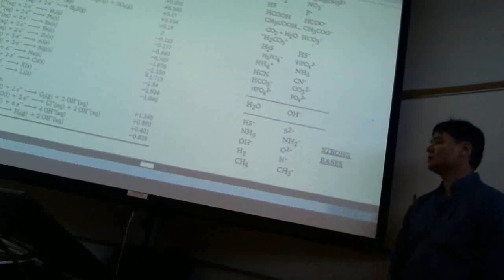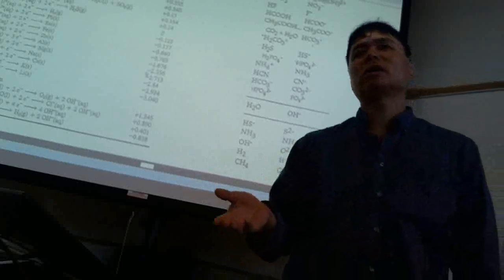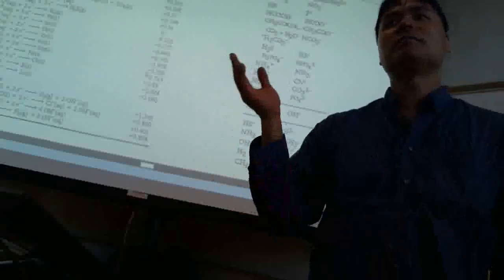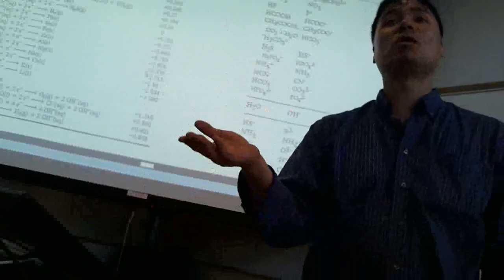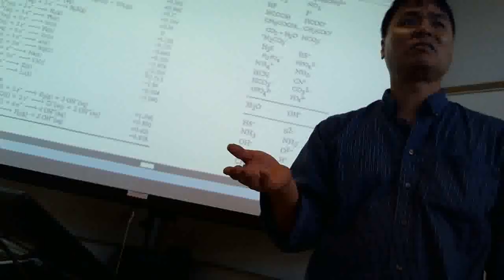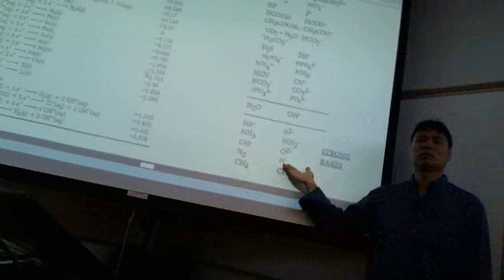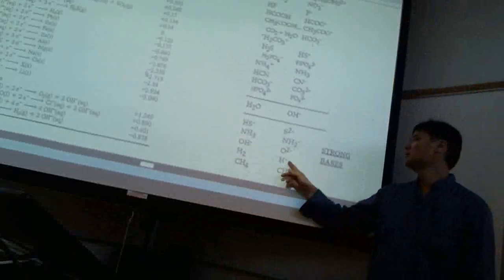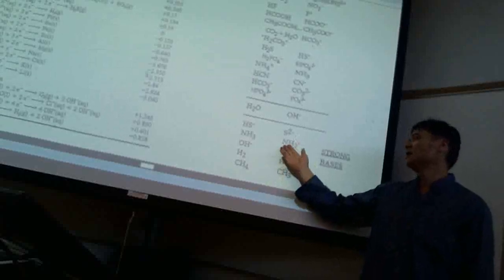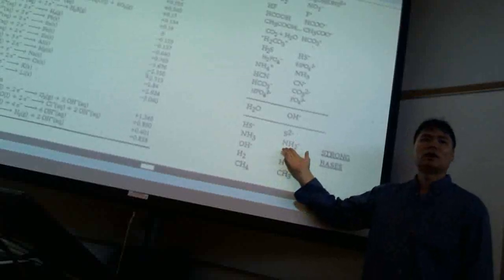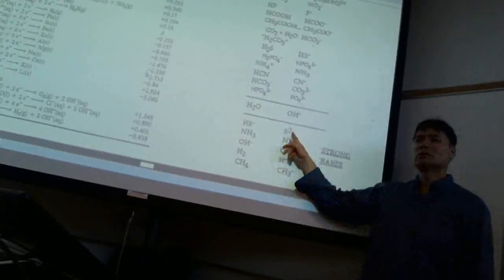If I tried to make a 1 molar methide solution, I'd be unsuccessful. Because the methide would hydrolyze water to form, instead of 1 molar methide, 1 molar hydroxide. Just like if I tried to make a 1 molar hydride solution, I'd end up with 1 molar hydroxide. Oxide's tricky because I'd end up with 2 molar, but skip that. Amide, I'm going to end up with hydroxide. And so all these hydrolyze water to produce hydroxide.